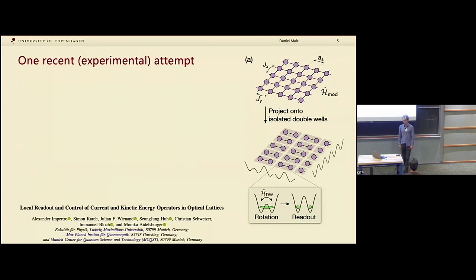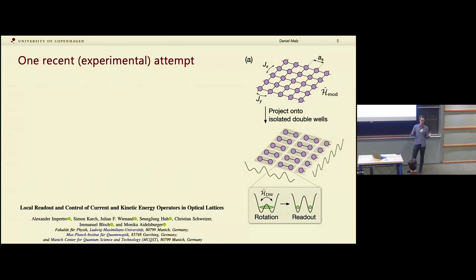This is from last year, and they had a very simple protocol. It's from Monika Aidelsburger's lab in Munich, also in collaboration with Emmanuel, who's in the audience. The basic idea is that you partition your lattice into double wells. You can always turn off hopping in these systems by just making the lattice really deep.